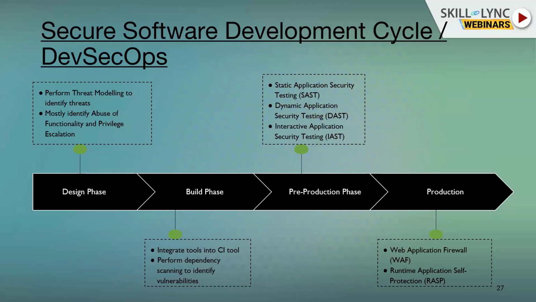The other way we can look at it is, once the code is deployed in pre-production, you can do static analysis testing, dynamic analysis testing, or interactive application security testing. These are tools in the market which you can deploy, and there are open source versions of them as well, and they can try testing this to see whether the code is vulnerable to some of the attacks just presented.